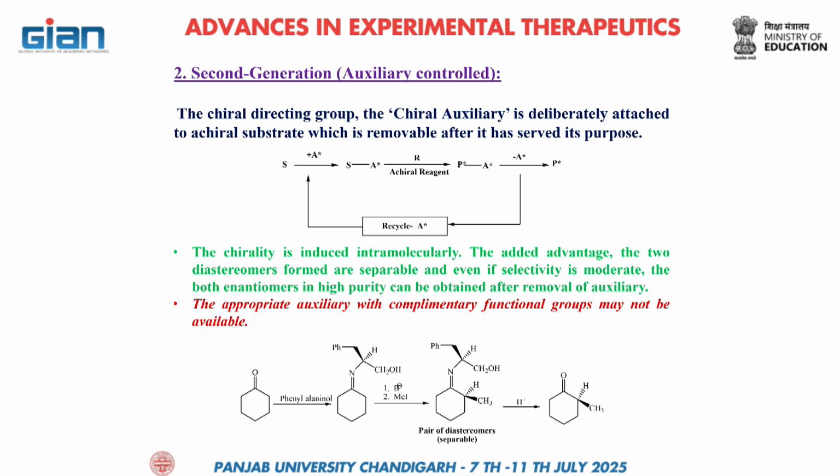You are bringing the base. What will a base do? It will abstract the proton. This base is abstracting the proton. You will get a negative charge here which is delocalized in this system. Now you treat your reagent. Okay, that is going to come. Now the reagent is coming from which side?